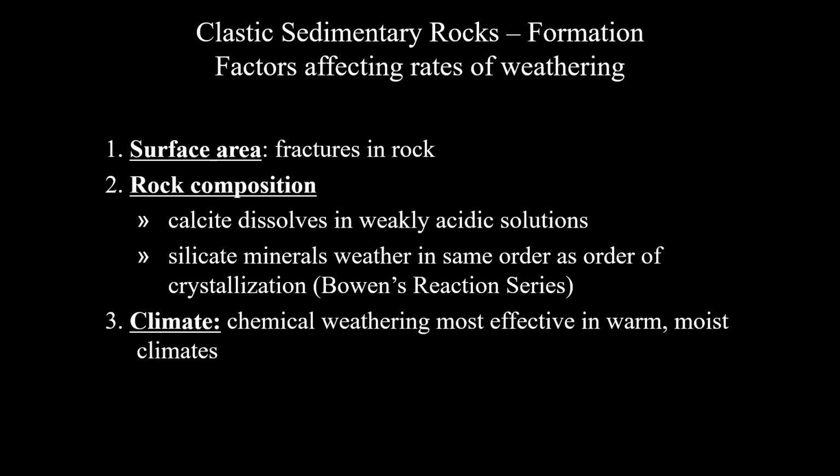And it all really comes back to the factors that are affecting weathering: how much of the rock is exposed, how strong is the rock, what is the rock's composition, and what type of climate does that rock exist in. Right? So the more surface area exists, the more of these chemical reactions can be going on, the more cracks there are for roots to get into or water to get into to wedge the rock apart.